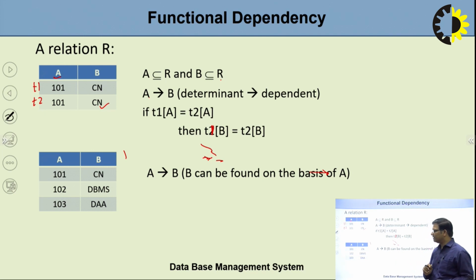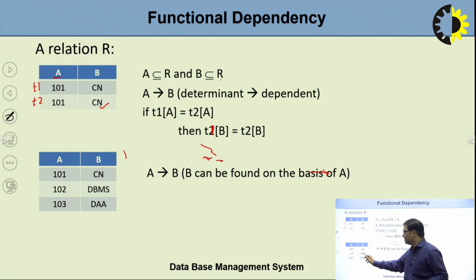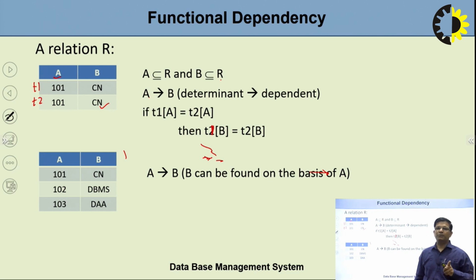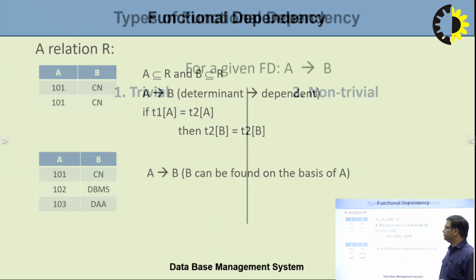So, we can find DBMS on the basis of 102. If 102 is given, I am saying that the subject code is 102. So, you can easily say that 102 belongs to the DBMS subject, 101 belongs to the CN subject, and 103 belongs to the DA subject, for example. So, this is functional dependency.